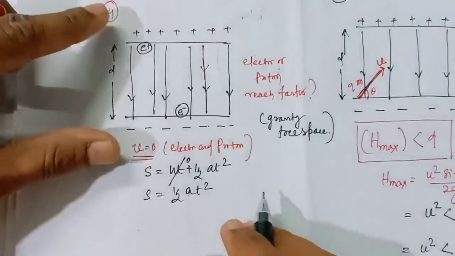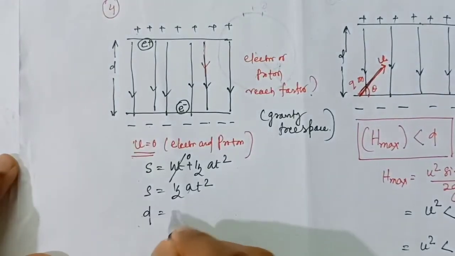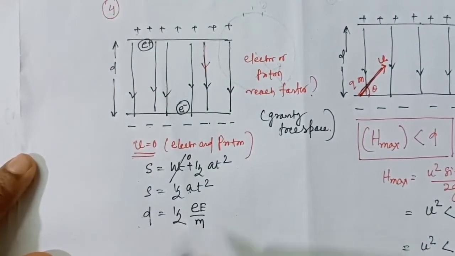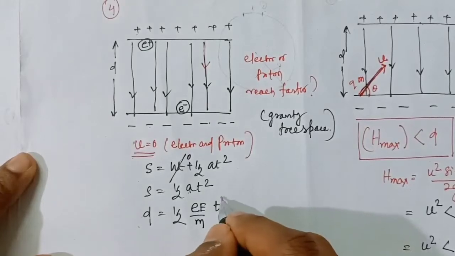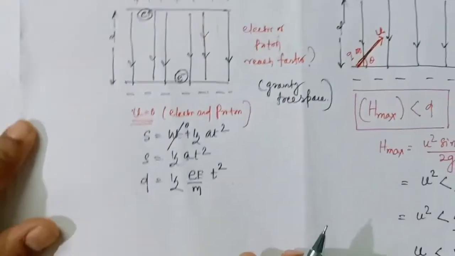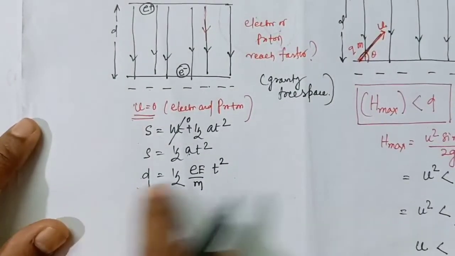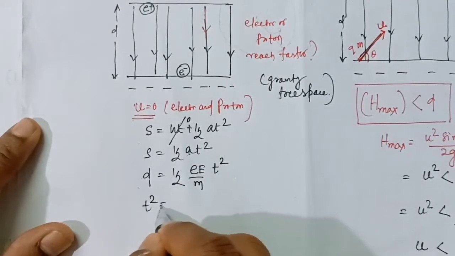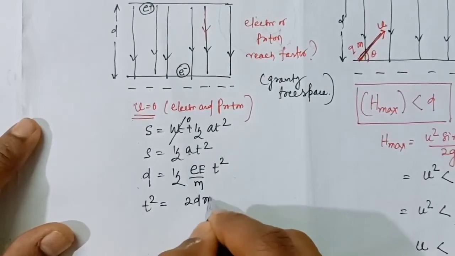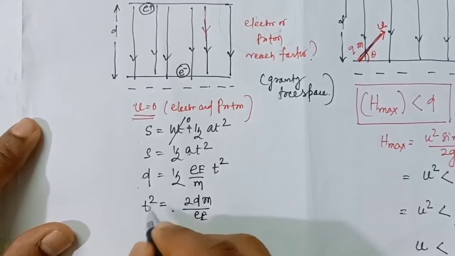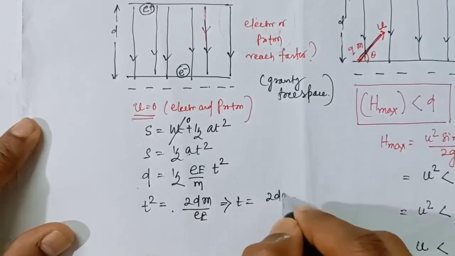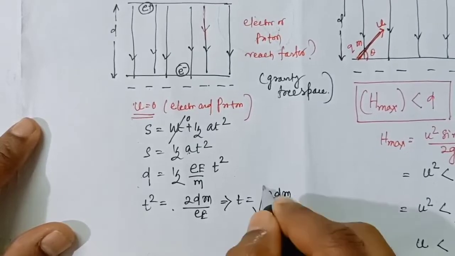Here S is d, so d equals half times acceleration, which is E by m, times t square. So t square is 2dm upon E, and t equals root over 2dm upon E.